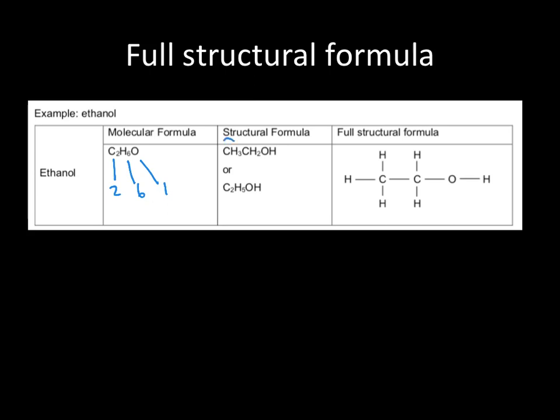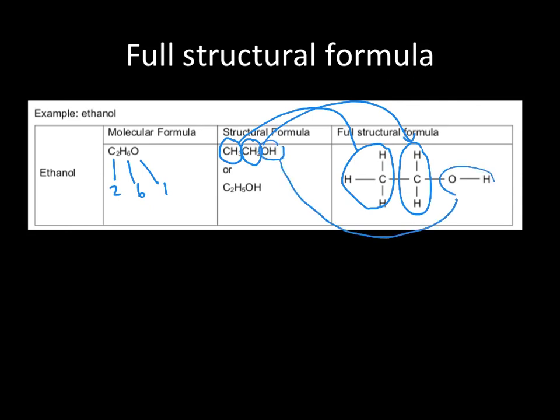So the CH3 here is actually shown as this portion, the CH2 as the next portion, which I will show, and the OH as shown here. So this is the full structural formula.